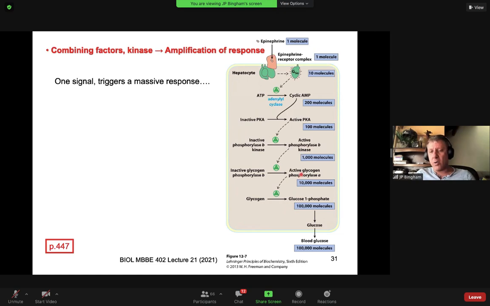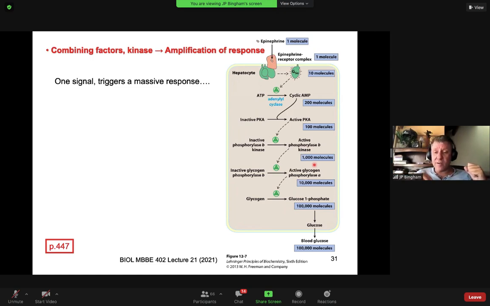So this whole system is basically activating 10,000 units of the glycogen phosphorylase A. And this glycogen phosphorylase A, 10,000 units, is going to take these massive strands of glycogen that we have stored and start cutting them off, producing glucose 1-phosphate in the form of 10,000 molecules of glucose 1-phosphate.